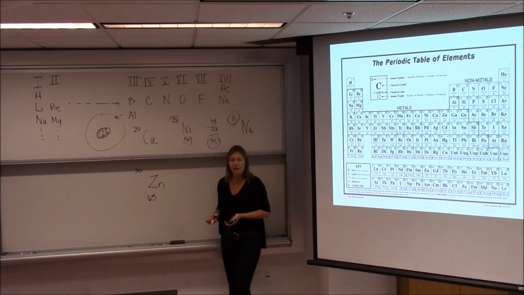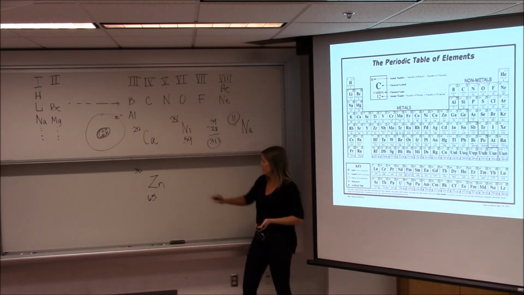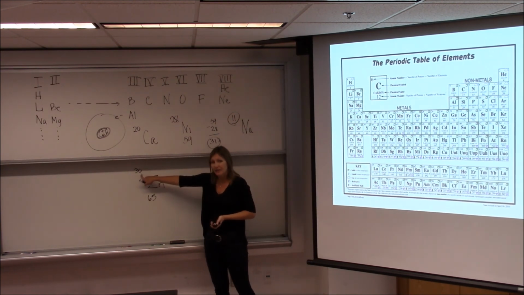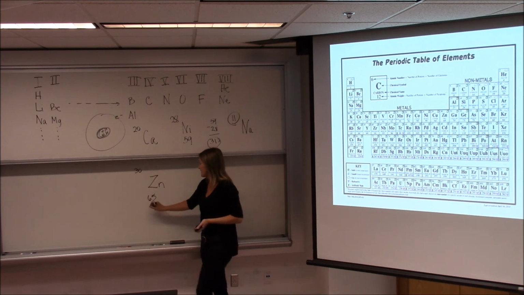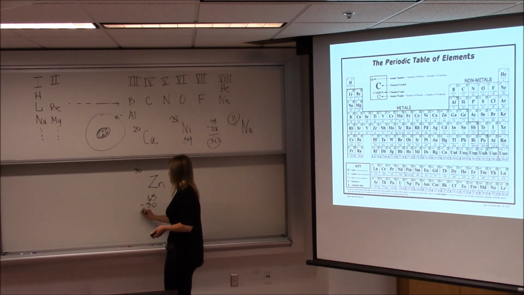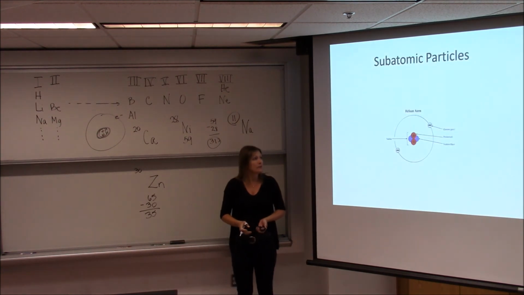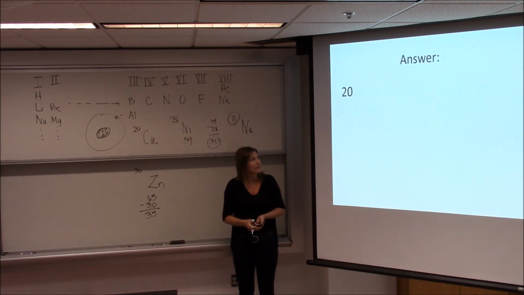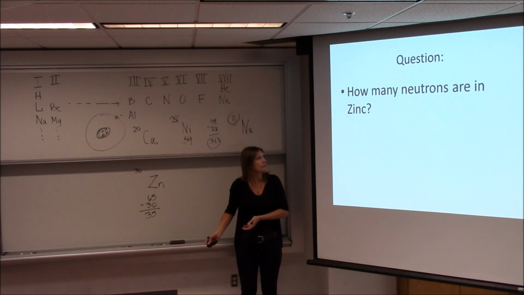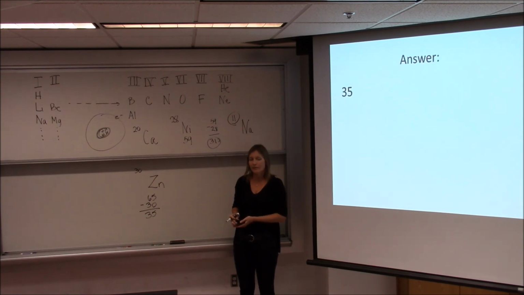So how are we going to tell the number of protons? 30. How will we calculate the number of neutrons? 65 minus 30. Zinc has 35 neutrons. If you have questions about any of those questions, please rewind the video and watch that part again.